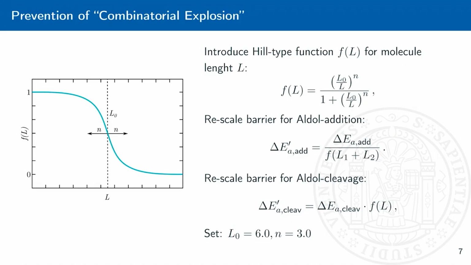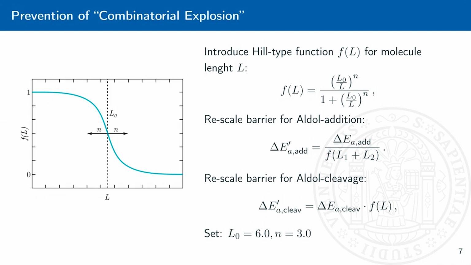As previously mentioned, the rule-based approach of MØD can potentially lead to a combinatorial explosion in the system. In our case, the repeated application of aldol additions can lead to longer and longer carbon chains. Therefore, a further control mechanism was introduced in the form of a Hill-type function that depends on the molecule length. As we are dealing with linear chains, we take the length as the number of carbon atoms.